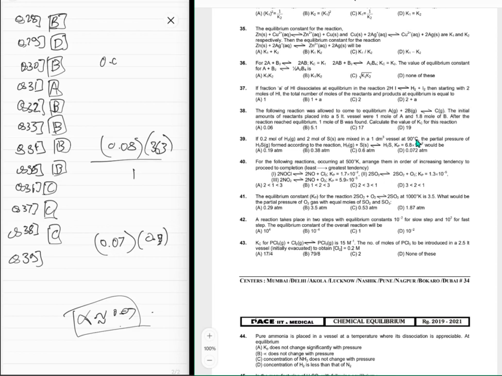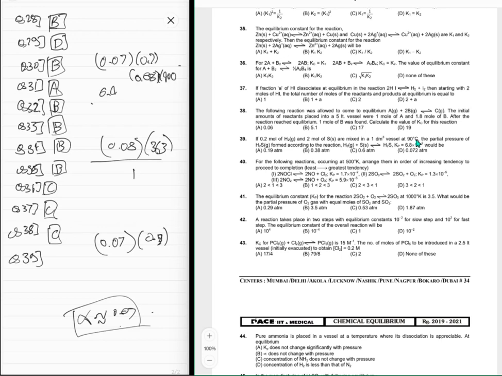So 0.07 into 0.2 into 0.08 into 363. 363 is approximately 400. I know I shouldn't do that, but still, make that approximation. So 8 times 4 is 32, and 32 times 0.2 would be 6.4.